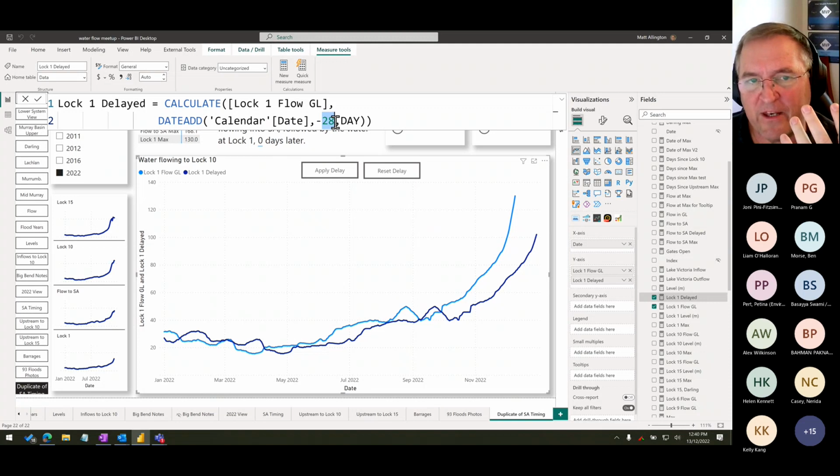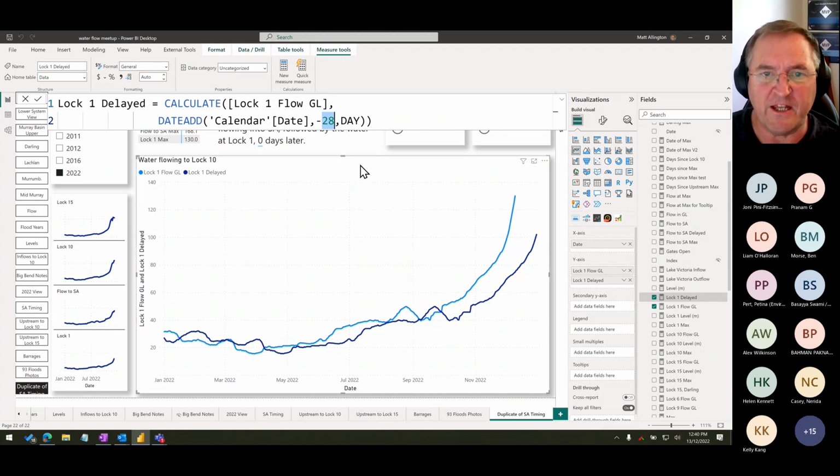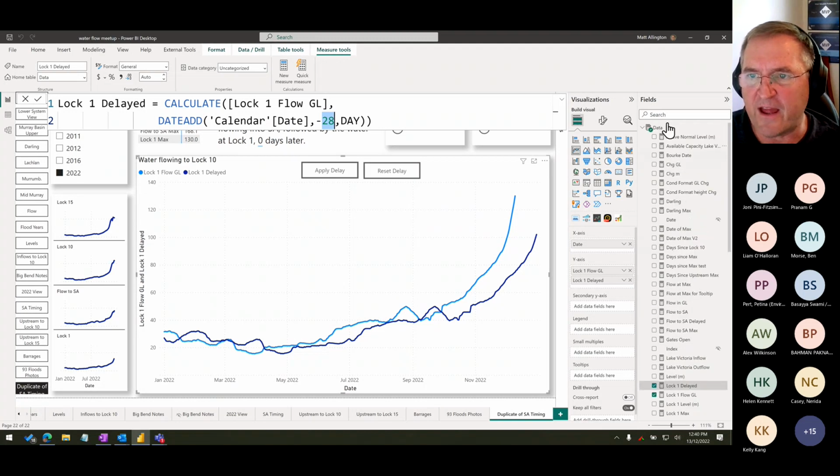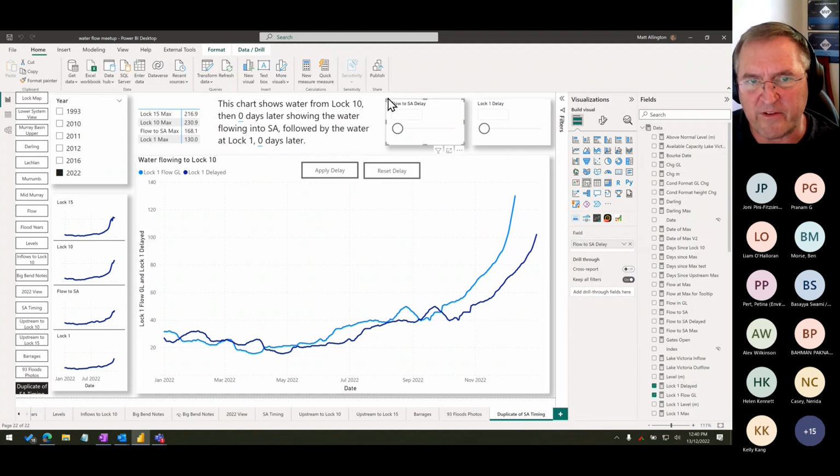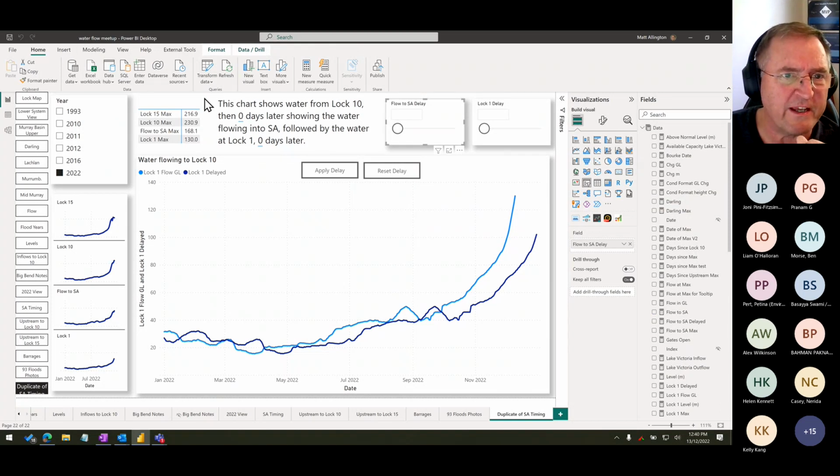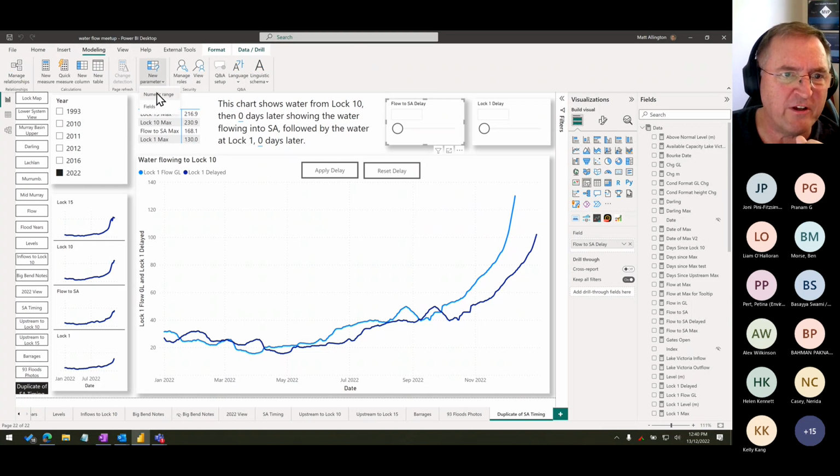Because if I hard code the number, it means when I publish it to the web, I can't make any changes. If I want the user to have a user interaction, then I need an alternative approach. And so that's what I'm using here, a parameter. So what I did was I went up to modeling and I said, create a new parameter being a numeric range.